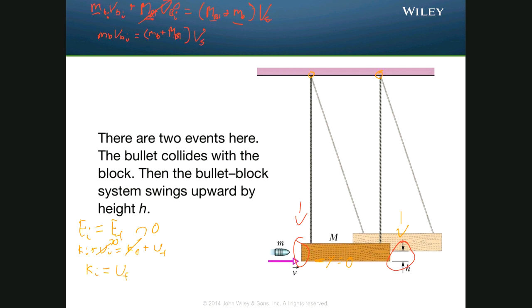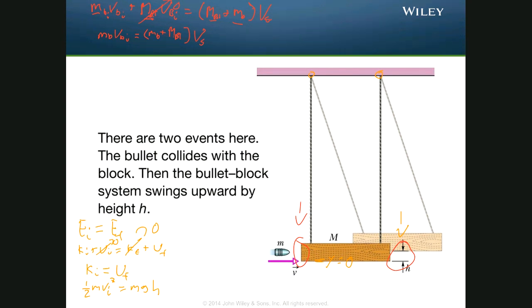Now, looking at these, we have this is equal to 1/2 m v initial squared equals m g h, where you'll notice that I've been a little sloppy.